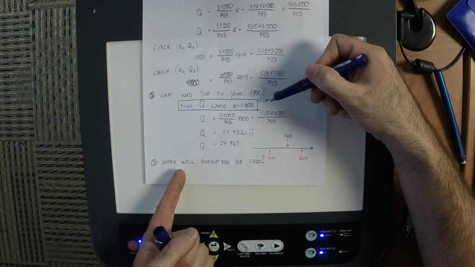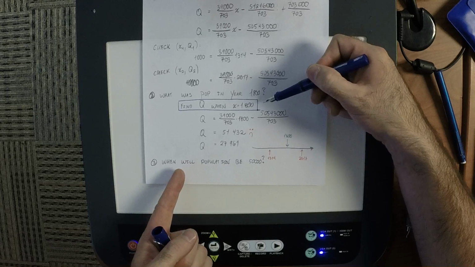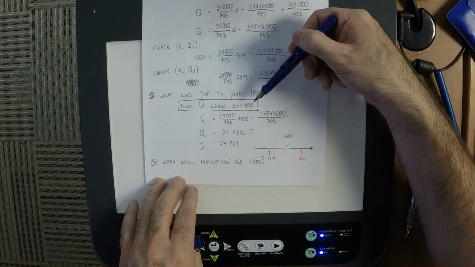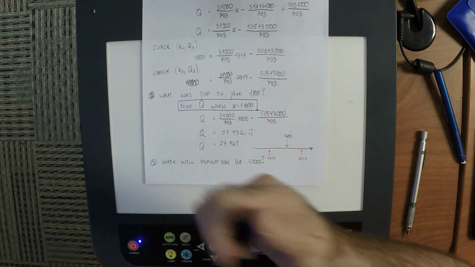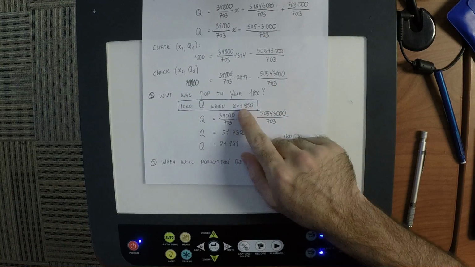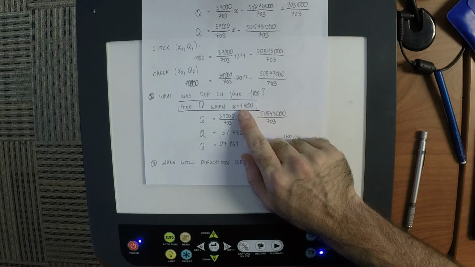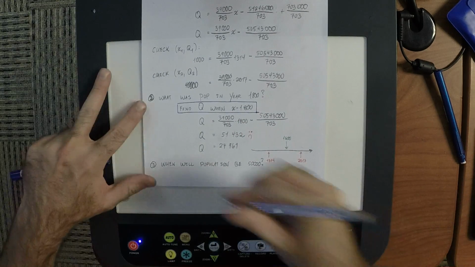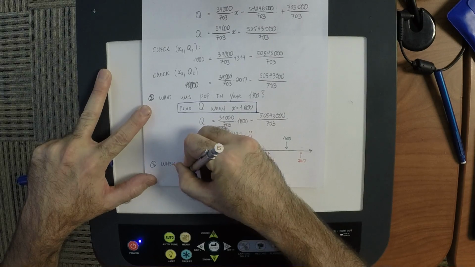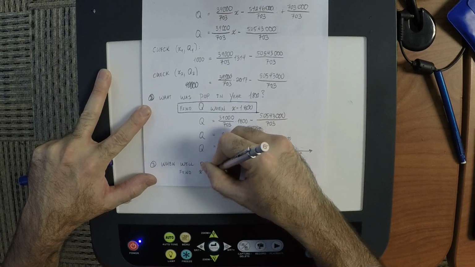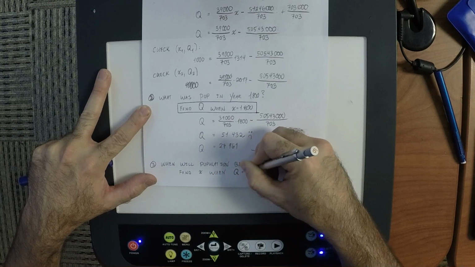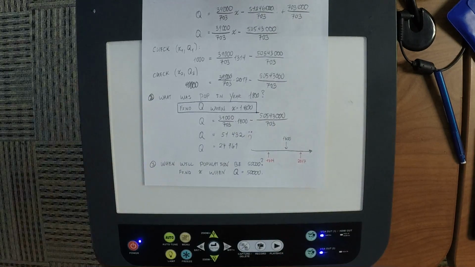Find Q when Q equals 3,000. Yeah. Here, subject and object, I'm switching their positions. This one was find Q when X is 1800. This one is find X when Q is some other value. So find X when Q is 50,000.